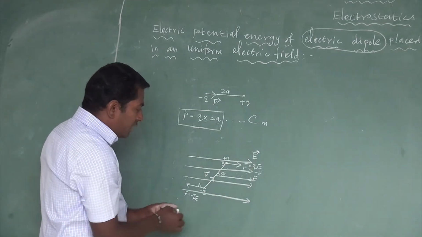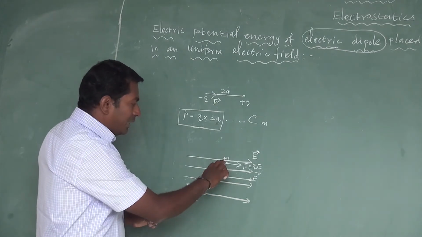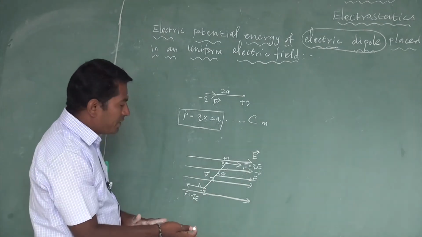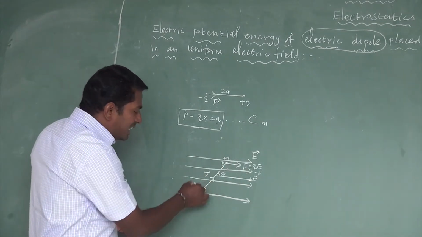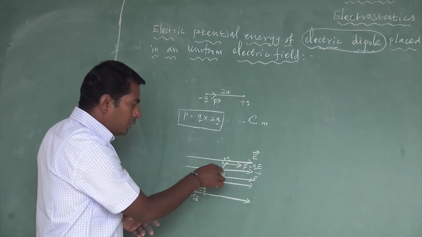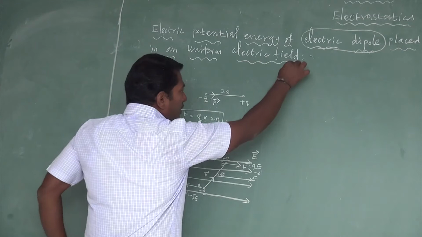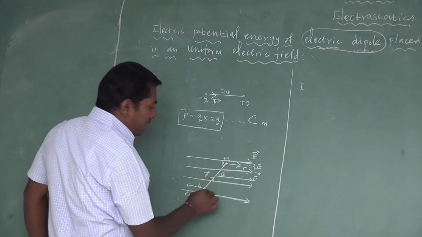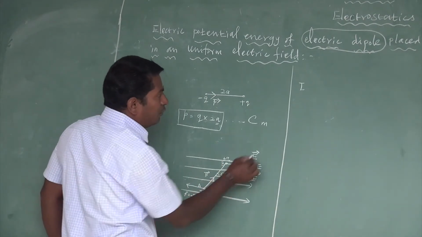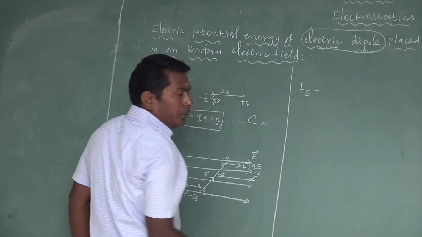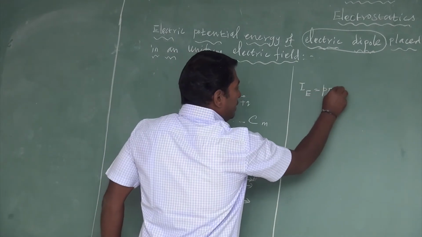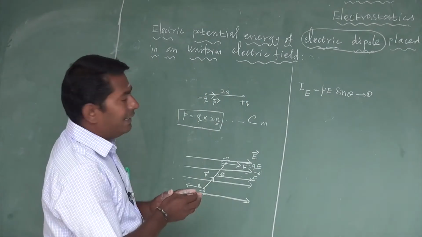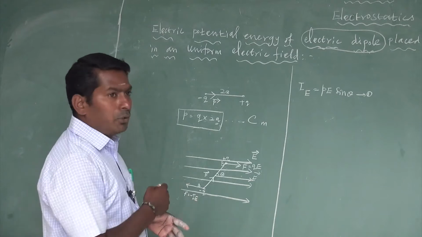These two equal forces act on the dipole in opposite directions, but their lines of action do not coincide, so a torque is experienced by the electric dipole due to the electric field. The torque is tau equals P E sin theta. Equation number 1. I think it is also one of the important expressions, and you watched it in previous video classes.